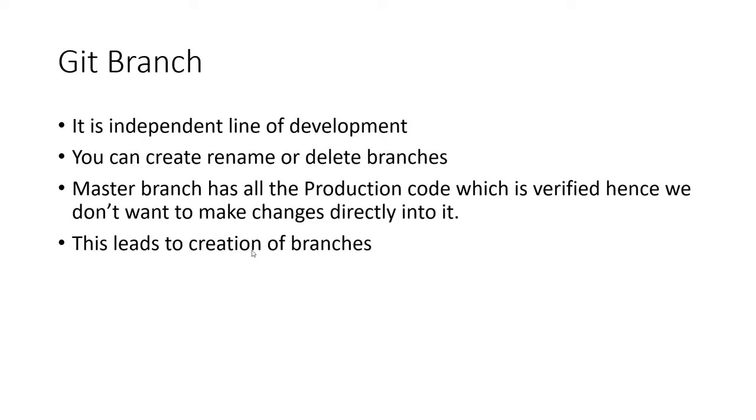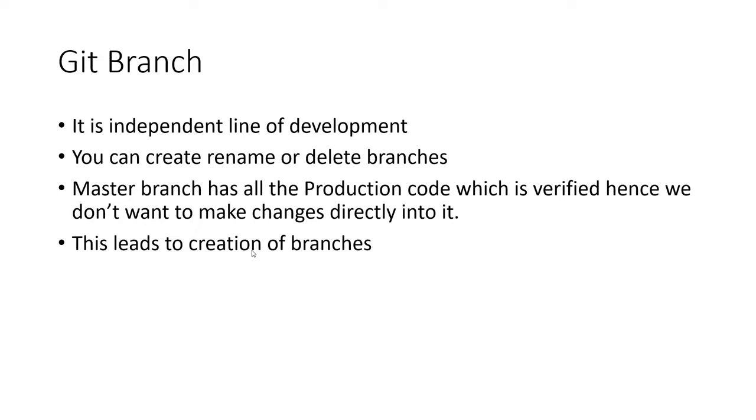Now I was talking about branches, and that we are on the master branch. There are two things you need to understand. We can create our own branches. The main branch is your master branch, which holds all your production code that is verified and reviewed so that there are no bugs or issues, because it will be used for production purposes.